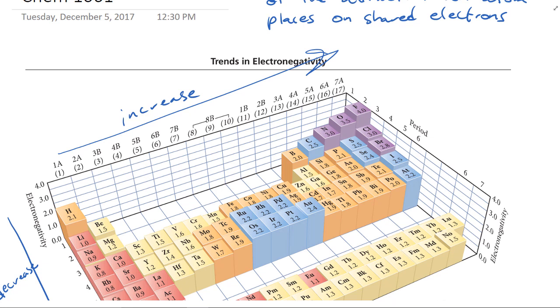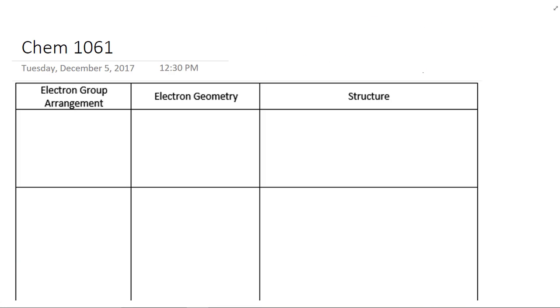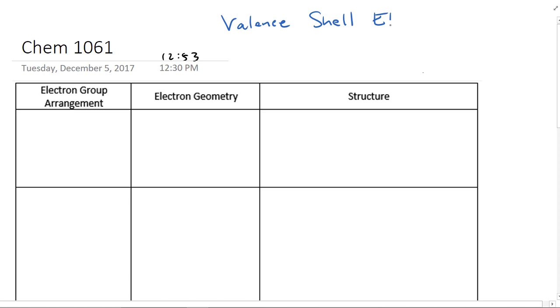And what we are going to be discussing here today, looks like we're at about 12:53, is what's called the valence shell electron pair repulsion model.